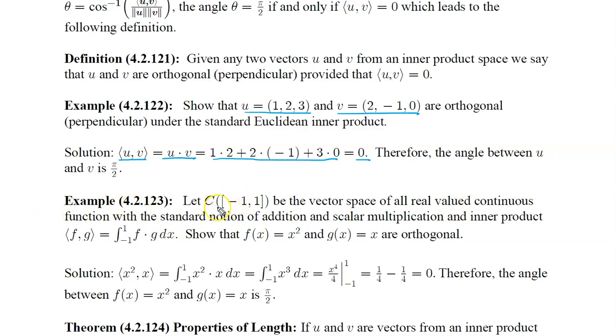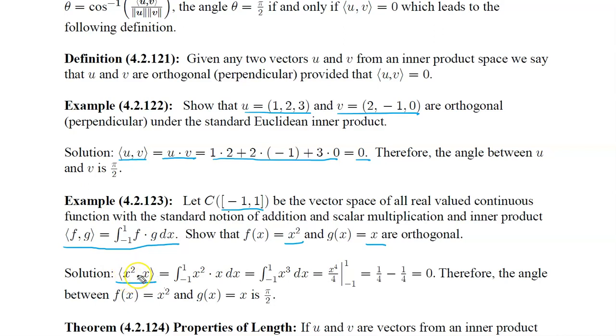Now let's take a look at this example right here as well. So if we consider the vector space of all continuous functions on the closed interval from -1 to 1, with this inner product right here, let's show that x squared and x are orthogonal or perpendicular functions. Sort of strange to think of two functions as being perpendicular, but that's what we can do. Well, so we need to evaluate u comma v right here.